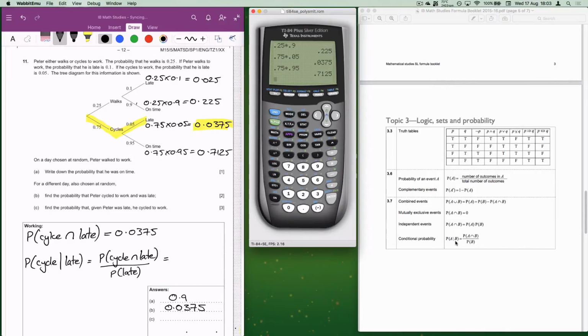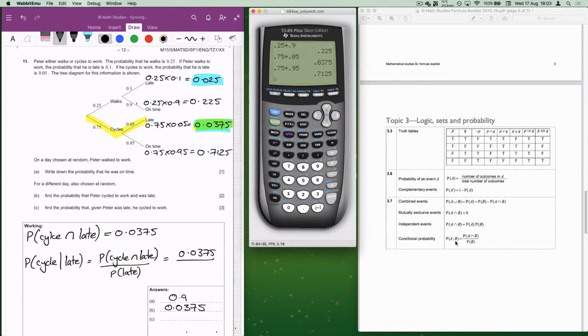Okay, so the probability of cycle and late is 0.0375, and probability of being late, so basically the ones of being late are this one up here, this one here, and this one here that we actually already dealt with. So we want to add these two together.